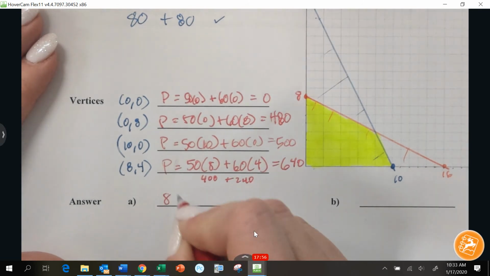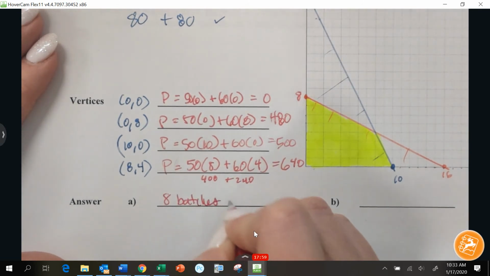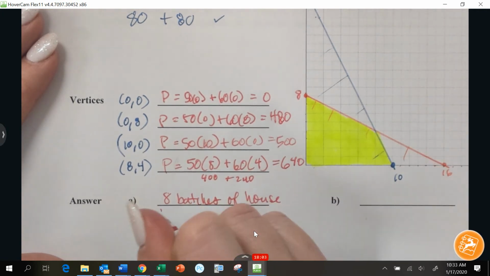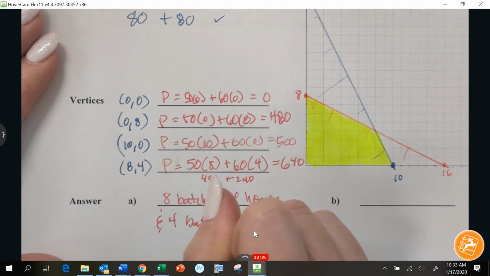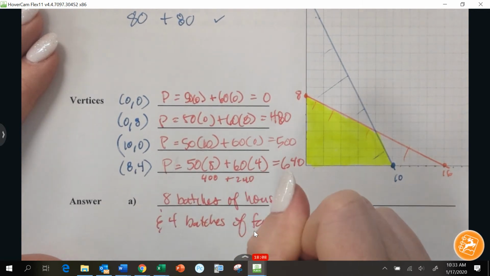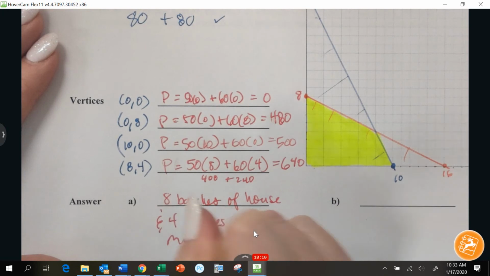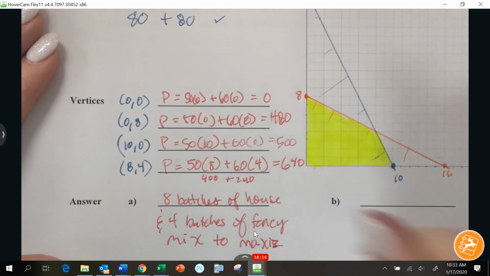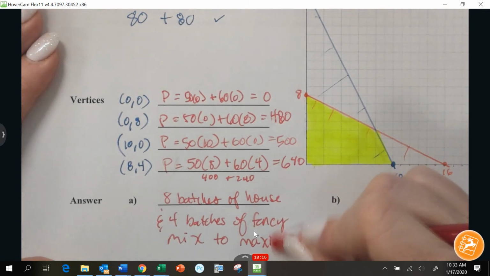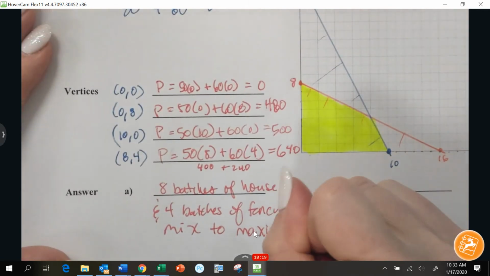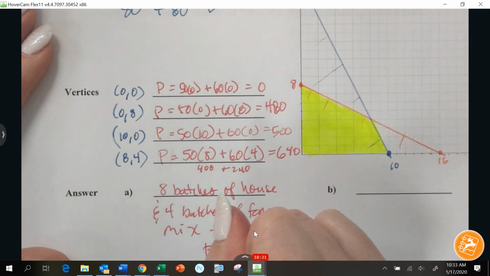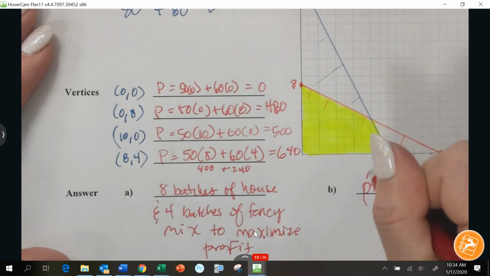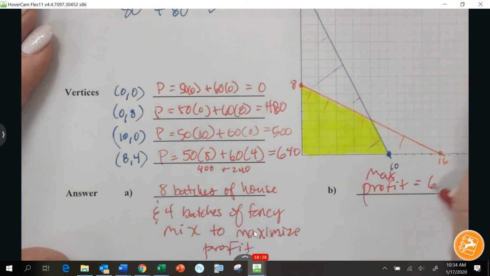We should do 8 batches of house and 4 batches of fancy mix to maximize profit. And the max profit would be $640.